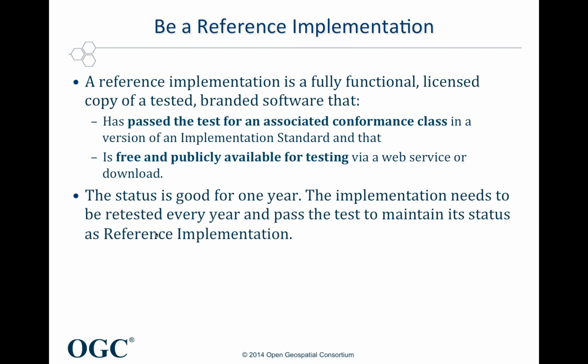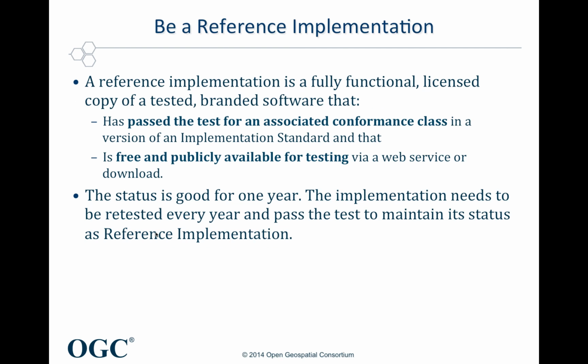The important part is that it's free and publicly available for testing. We don't require that it's open source, but we require that somebody can just access it and use it for free. The status is good for 1 year, so every year the implementation needs to be retested and needs to pass in order to maintain the reference implementation status.